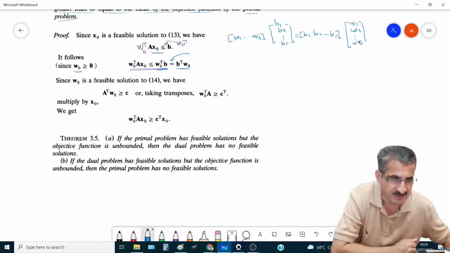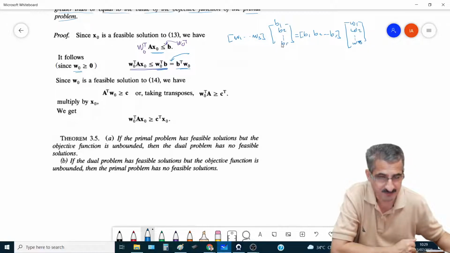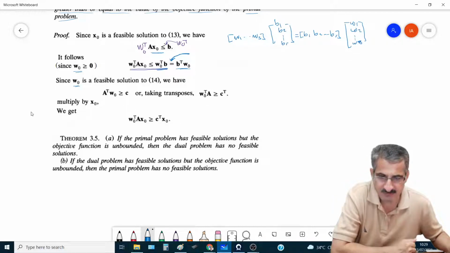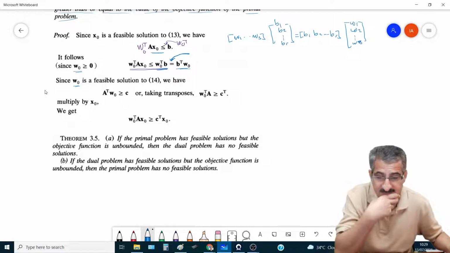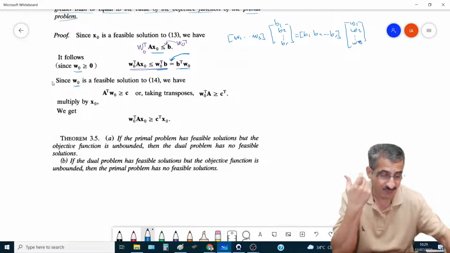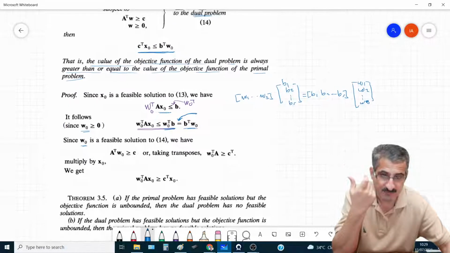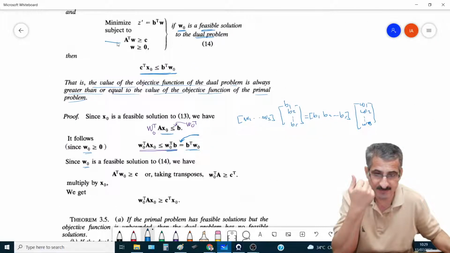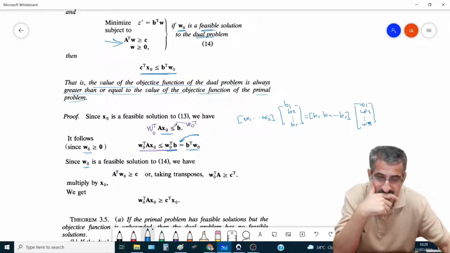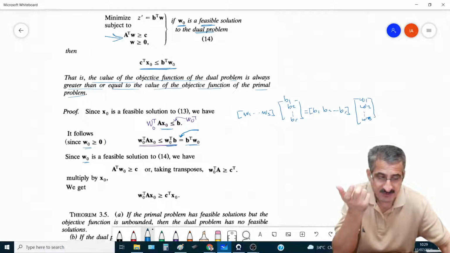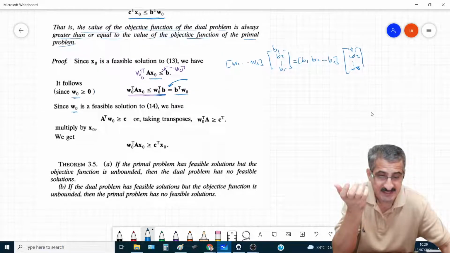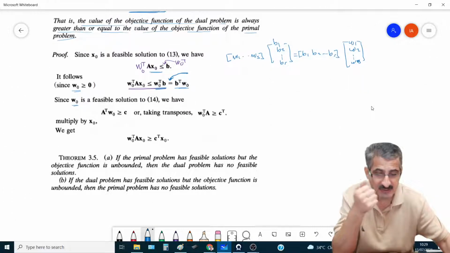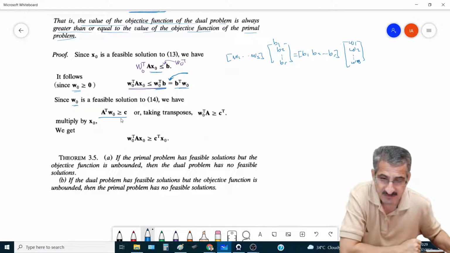We still get the same expression, we get the same number, right? So that's why we have this equality. Okay, good. Now, since W naught is a feasible solution to the dual problem, W naught must satisfy constraint 14. Okay, so A transpose W naught is greater than or equal to C. Okay, so we have this in hand.